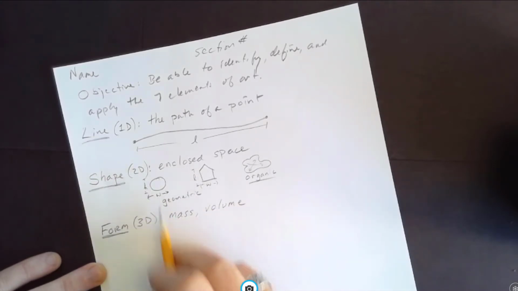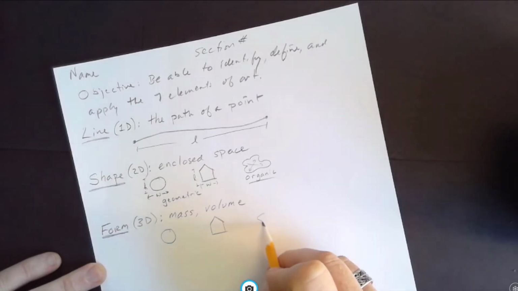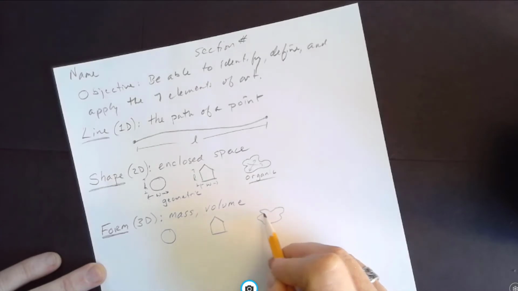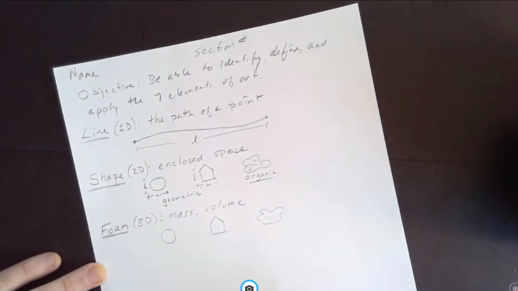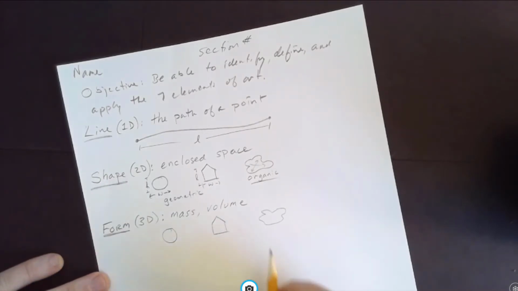So what we're going to do is we're going to take those same 3 drawings we drew here for shape, and we're going to move them down here. So we're going to put the circle. We're going to put the pentagon. And we're going to draw just kind of an organic little blob looking shape. Except now we have 3 dimensions. So we haven't lost it. We have height.